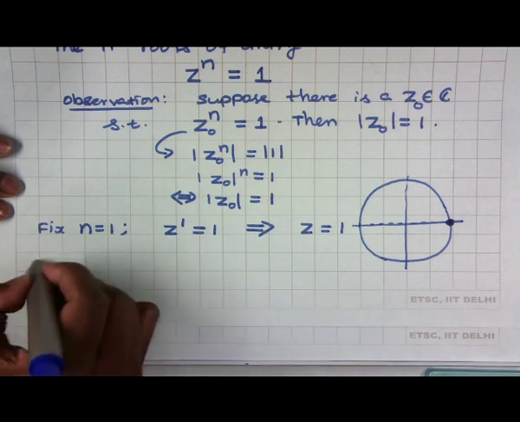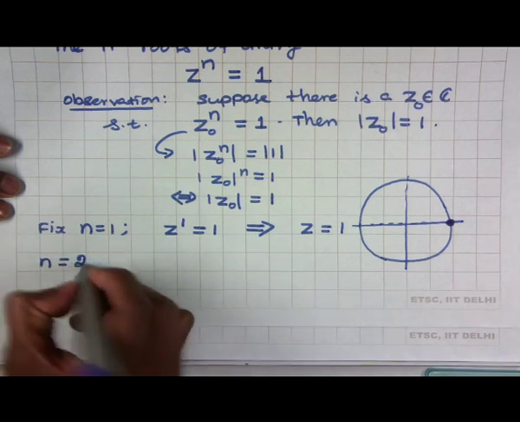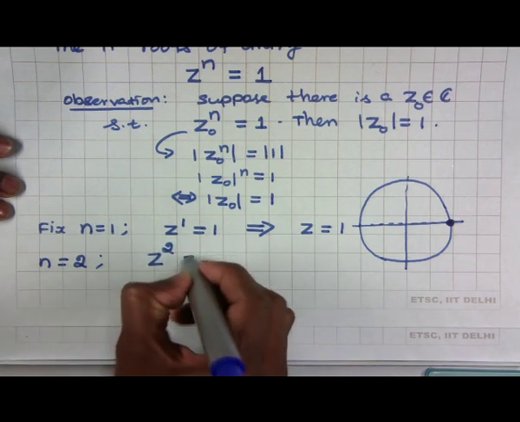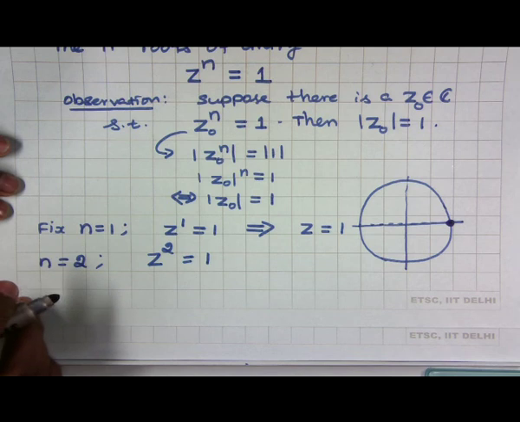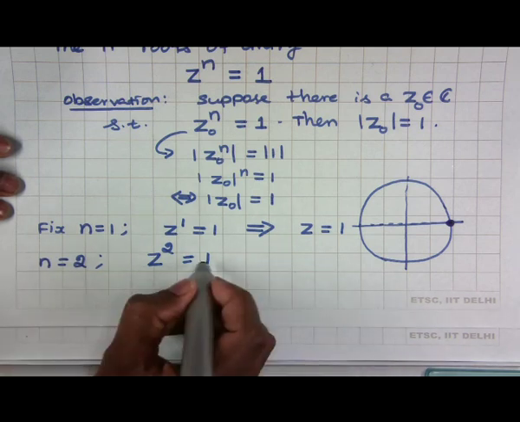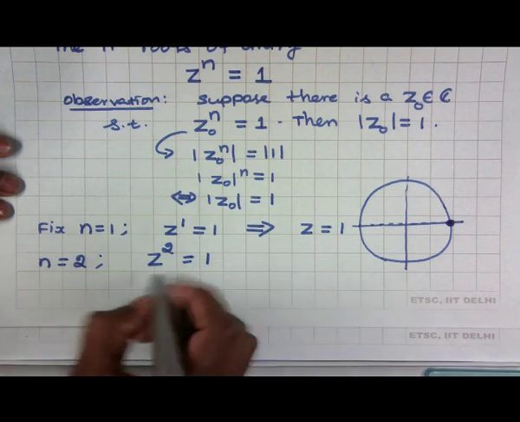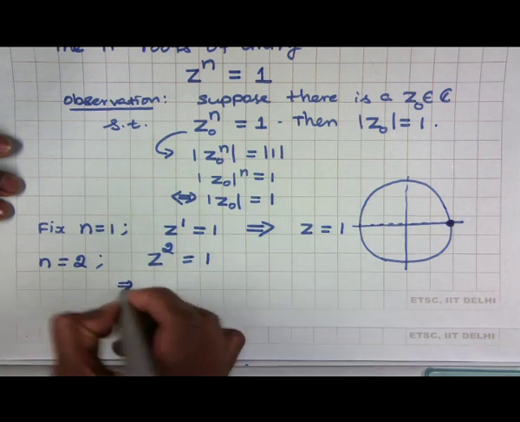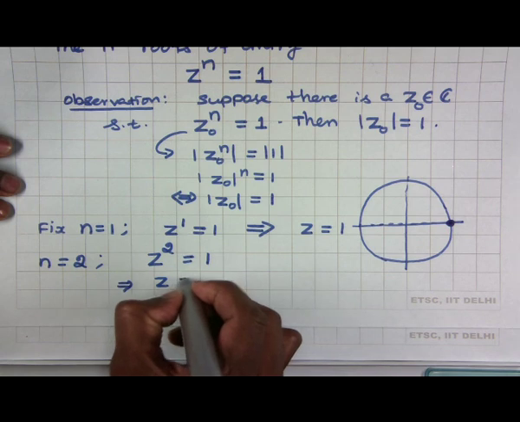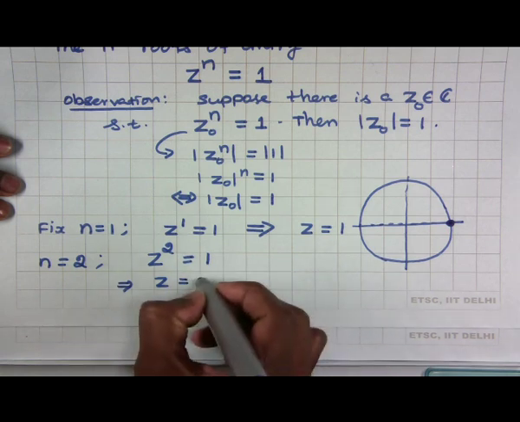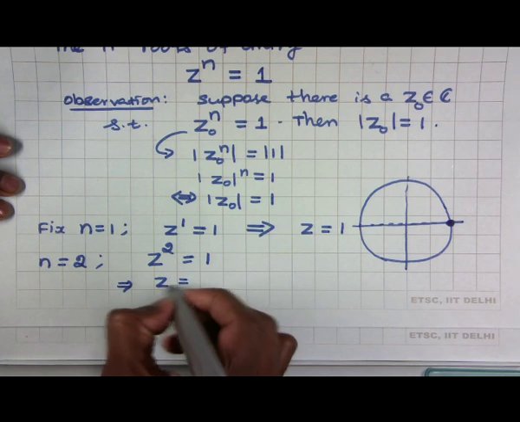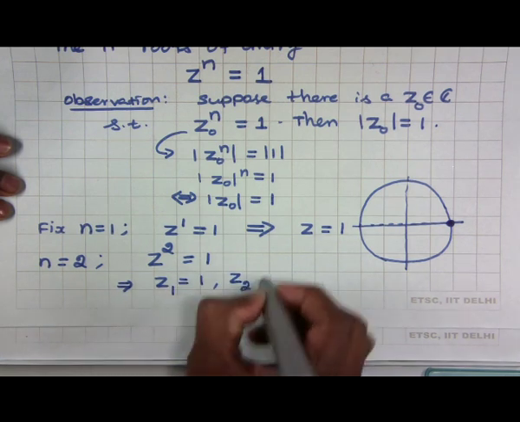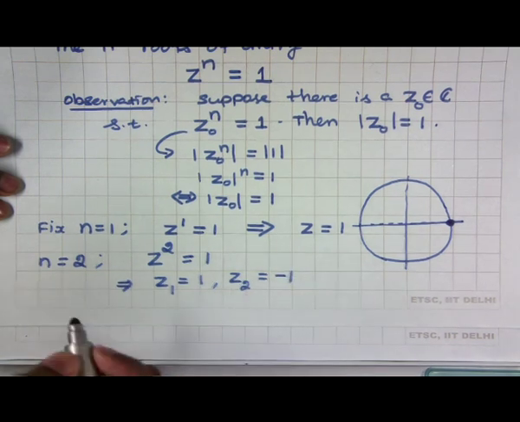Now if I take n equal to 2, then we are demanding z square equal to 1, and a simple observation shows that this implies z equal to plus or minus 1. So the first number is 1 and the second number is minus 1.